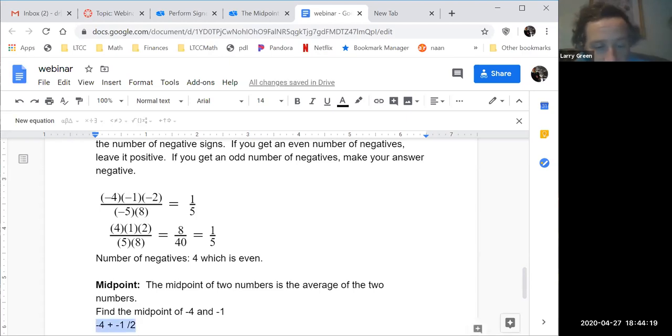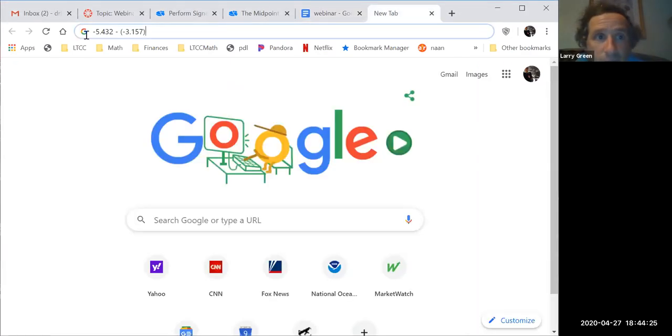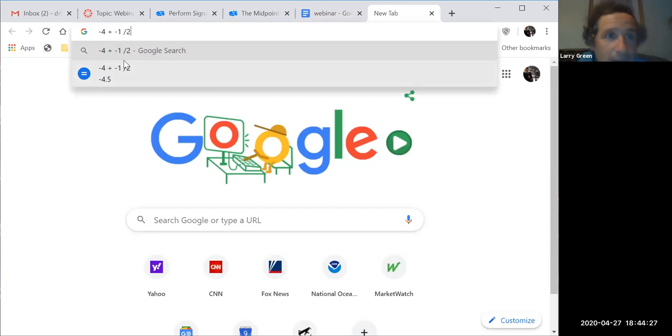If I do that, and I'm going to use a calculator, add them up, divide by 2, I get -4.5. What's wrong? What did I do wrong? I'm telling you that's not the answer, by the way. It's not -4.5.